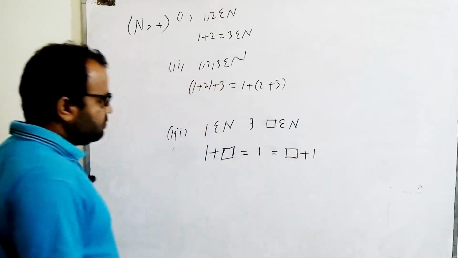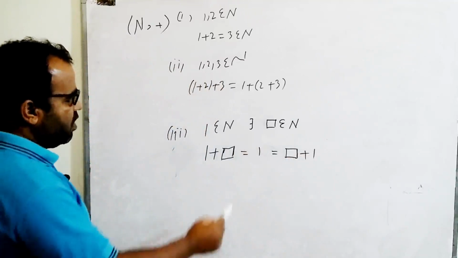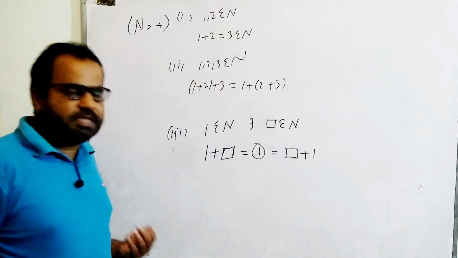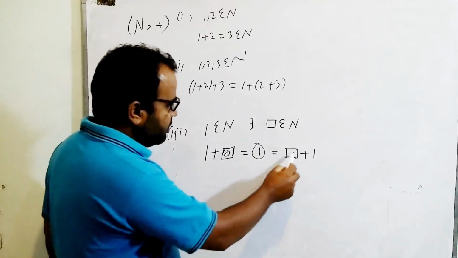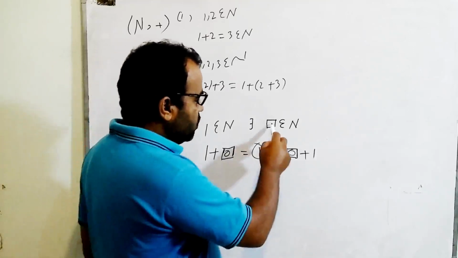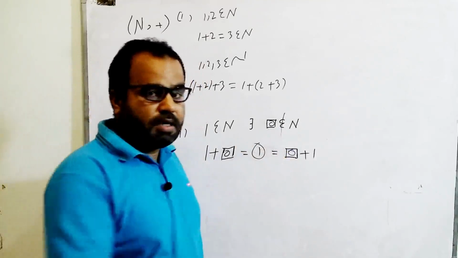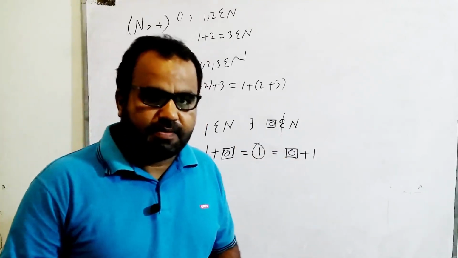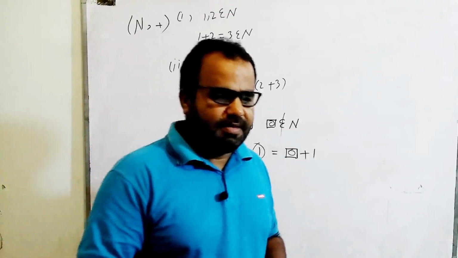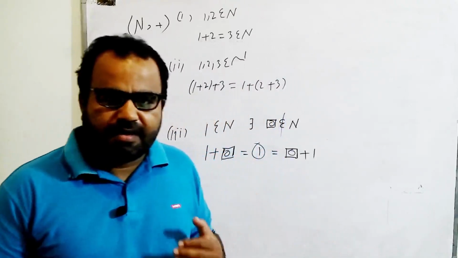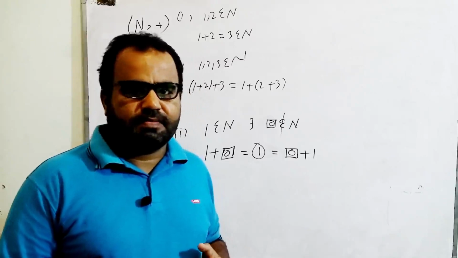So of course if we want to get the answer 1, then we will put 0 over here. But 0 does not belong to N. This means that the identity does not exist over here.